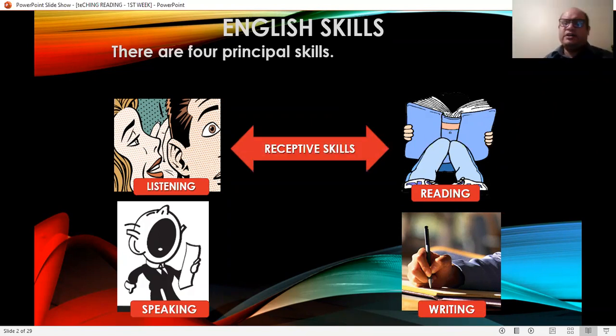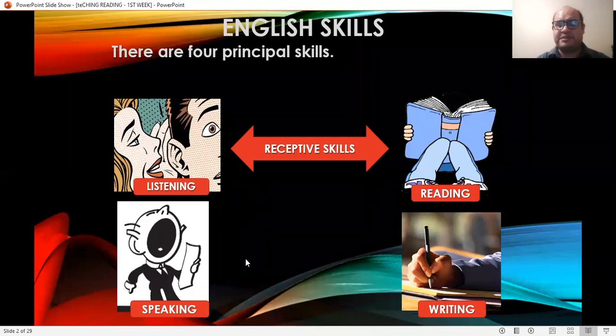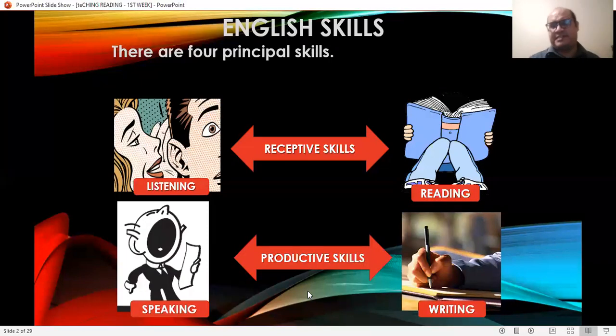Notice that we are going to classify these skills into two categories. The receptive skills, and the other one, the productive skills. Why do we say that listening and reading are receptive skills? Can you tell me?